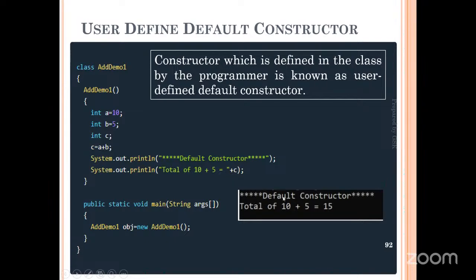Now, the output screen shows default constructor in the first line. The second line, total of 10 plus 5, because we are writing that only. In place of c, what is the value c has? a plus b, where a is 10, b is 5, that is 15. So in place of c, 15 will be printed.